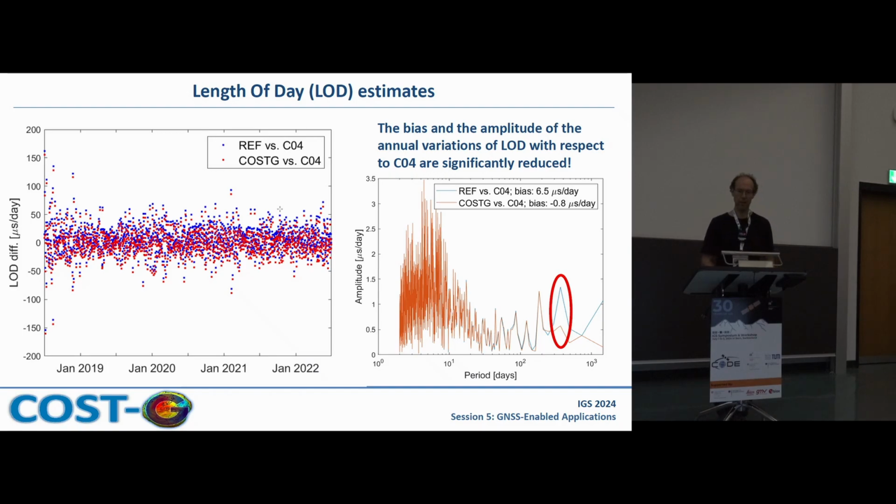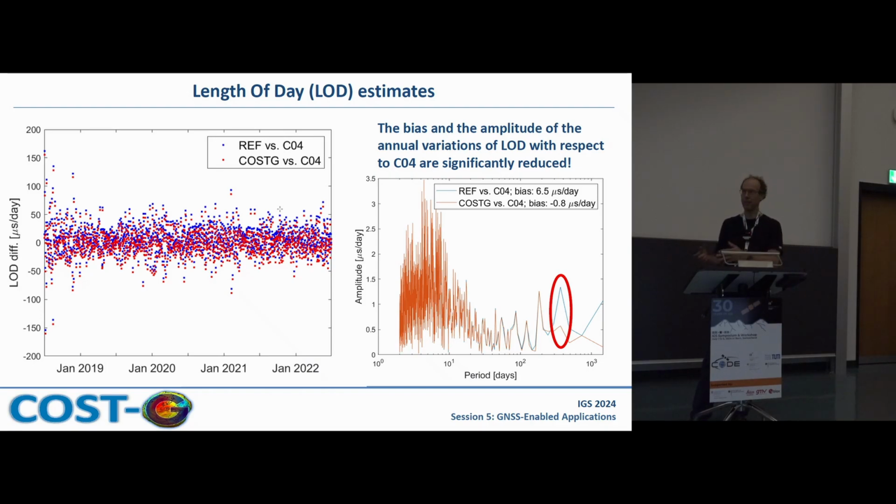And if you take a spectral analysis of the residuals, then you find out that the difference is mainly on the annual frequency. And there you see a significant reduction of differences. So the length of day estimates significantly profit when we include this meaningful time variable gravity field variation from the COST-G model.